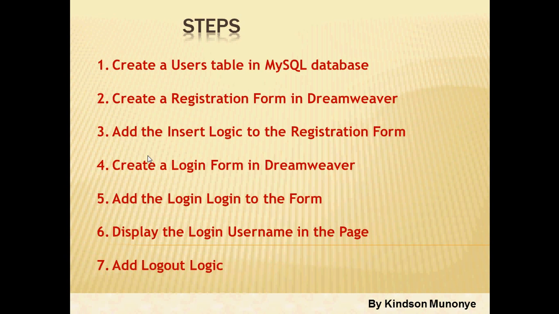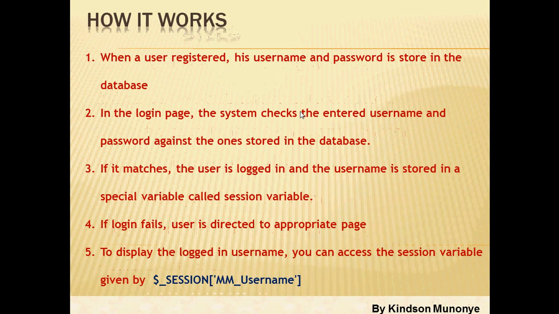So how can you display this username on the page? Then of course you also add a logout logic so that the user can click a logout link on the page and be able to log out. So what is the logic behind this? I also explained this in the next slide.